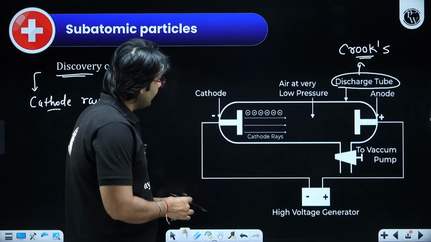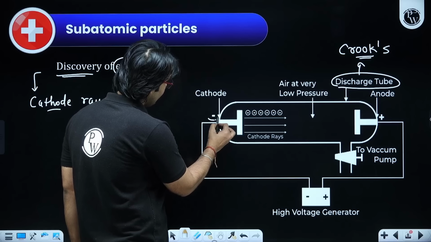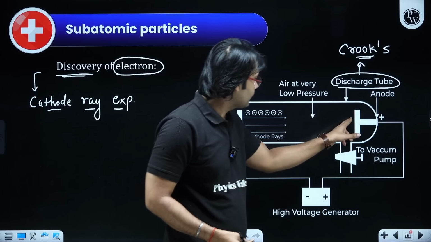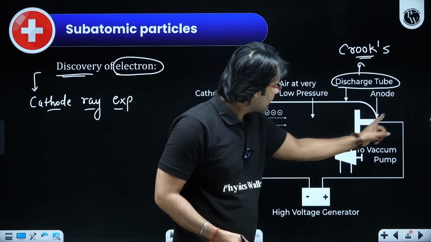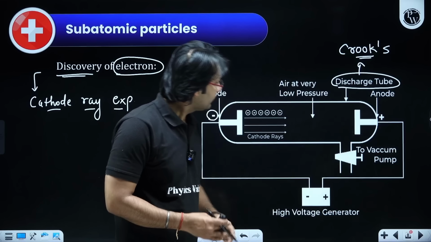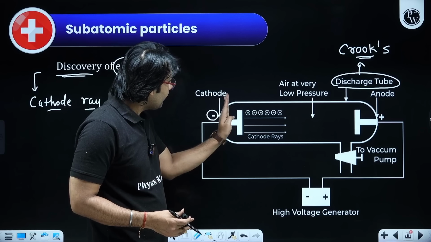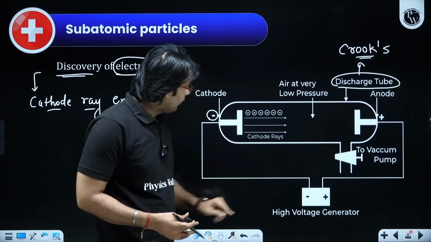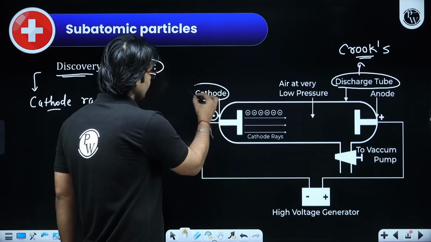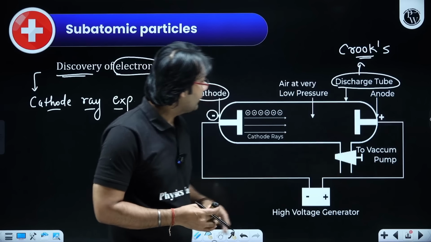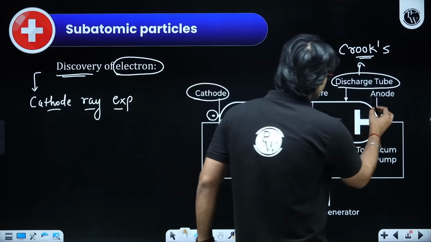One metal plate is connected to the negative terminal of the power supply, and the other is connected to the positive terminal. The plate connected to the negative terminal will be called cathode, and the plate connected to the positive terminal will be called your anode.